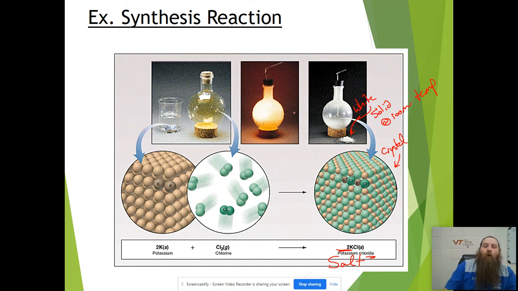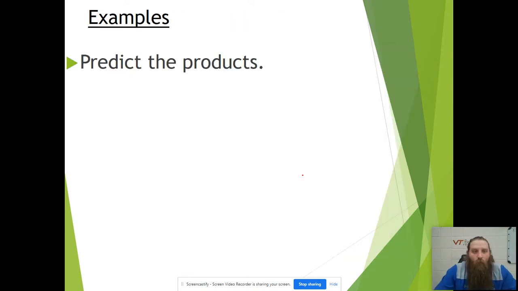And I know all these things about the product of this reaction without ever doing the reaction itself, because I can recognize, hey, I have potassium by itself, I have chlorine by itself, so this is going to be a synthesis reaction. It's going to make that salt.